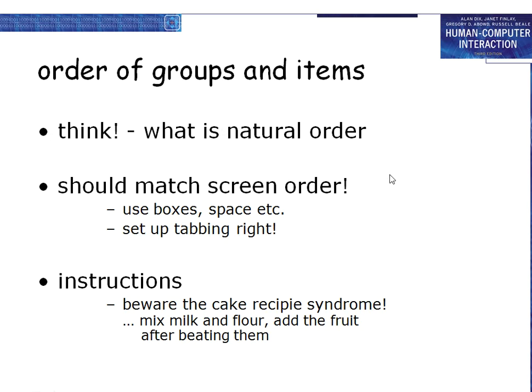We can make a consideration. What is the natural order of interaction? We must think about what we do naturally. So maybe most humans are right-handed, so maybe we must design the application for right-handed use also.